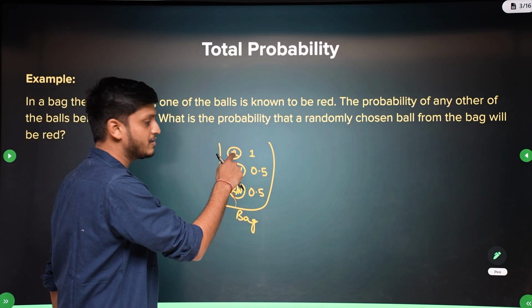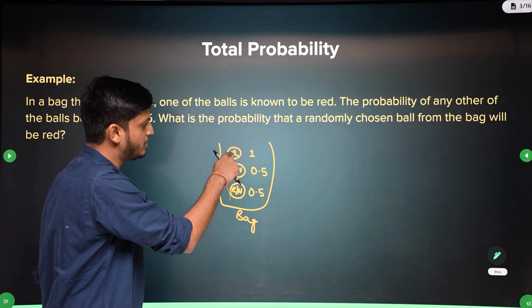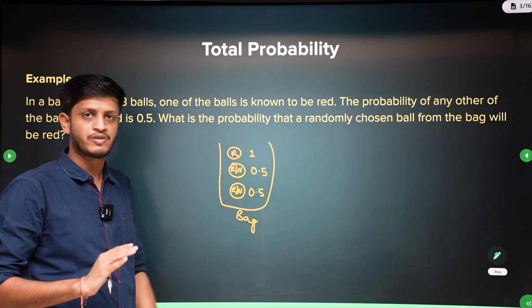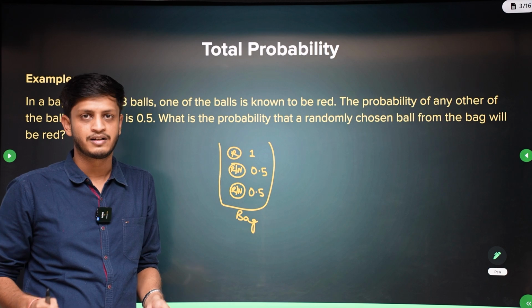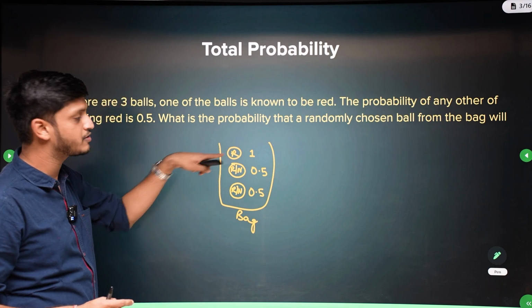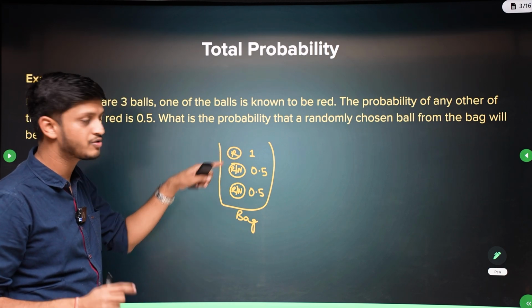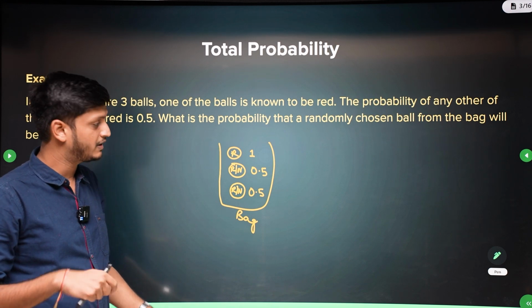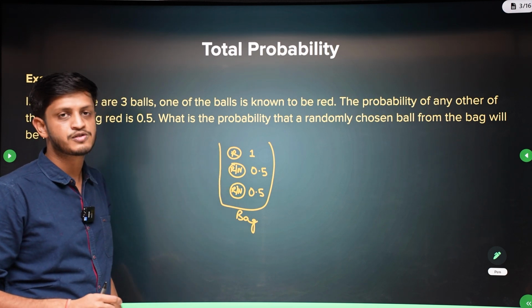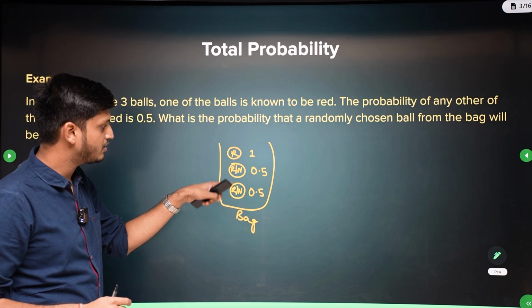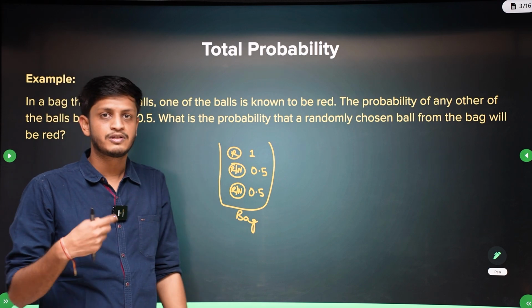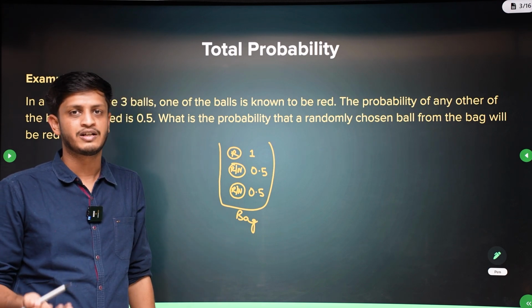It can be this ball. If this ball is chosen, then the probability of this being red is 1. It will surely be red. But it is not necessarily that we are choosing this ball only, right? The probability of this ball being chosen is only 1/3. With the other 2/3 probability, this or this ball can also be chosen. But if this or this ball is chosen, the probability of the ball being red is only 0.5. Okay, so it's very simple.